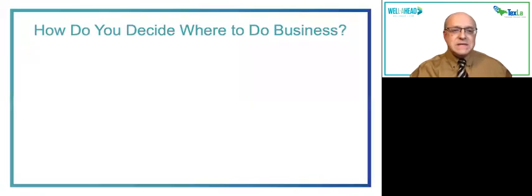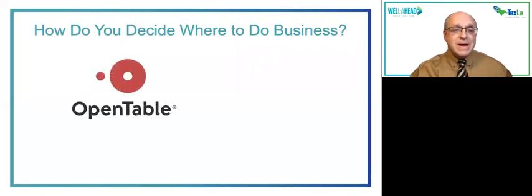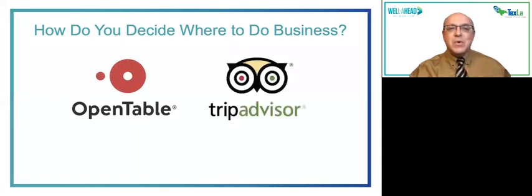And that makes sense. So I'm going to ask each one of you to think about yourself and how do you decide where you're going to do business? You know, right now for me, if I'm going to be in a big city and I'm going to go out, I'm going to look at OpenTable and figure out what's around me and what has an opening. If I'm going on a trip, I might go through TripAdvisor.